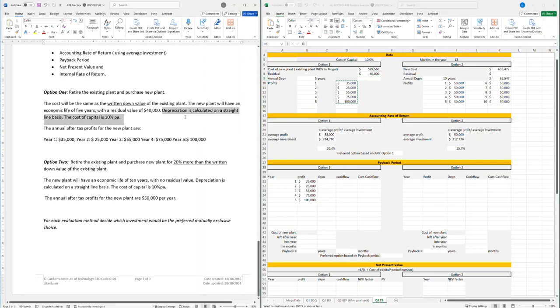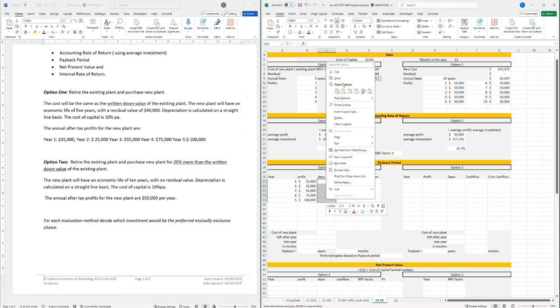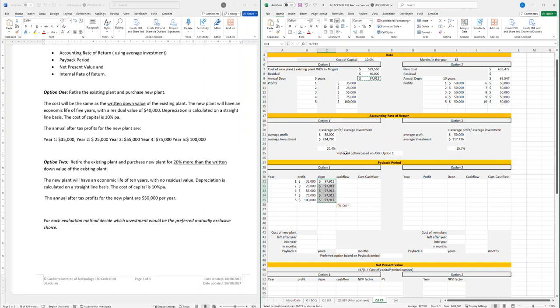It is calculated on a straight line basis, so it equals your original value less your residual value, divided by 5 years. And hopefully I'm right, the balance is 97,912. Your depreciation will be the same for every year, because it's straight line.